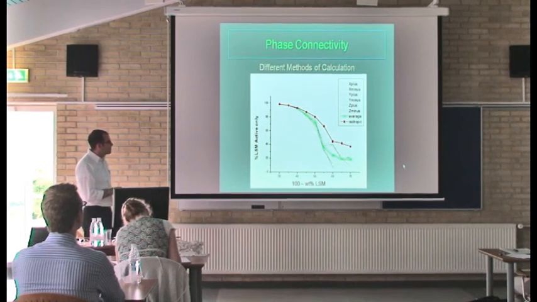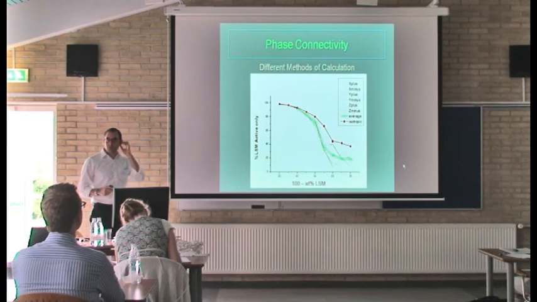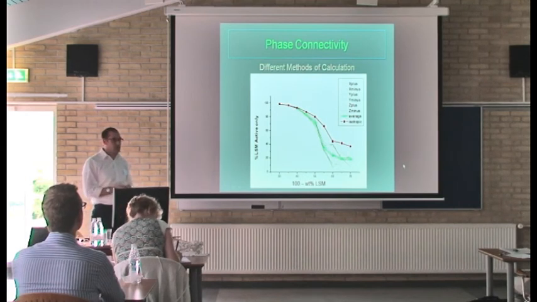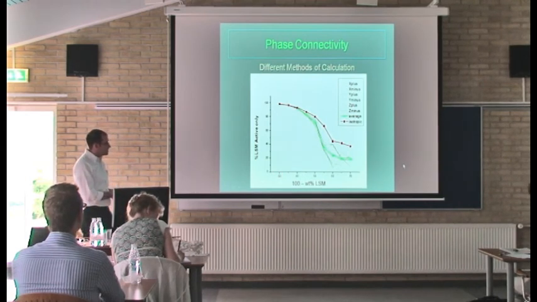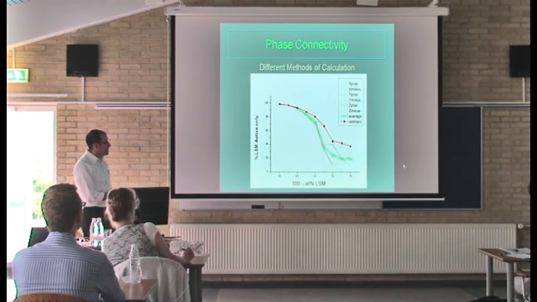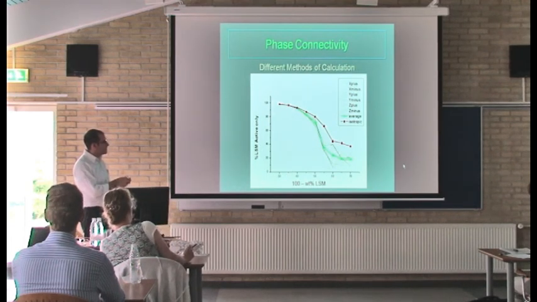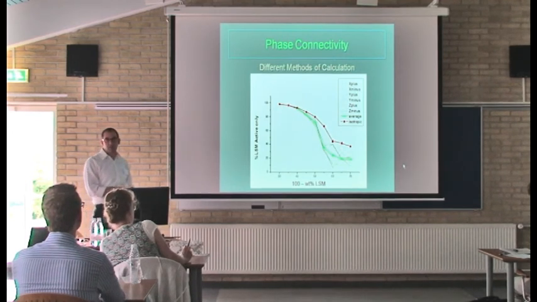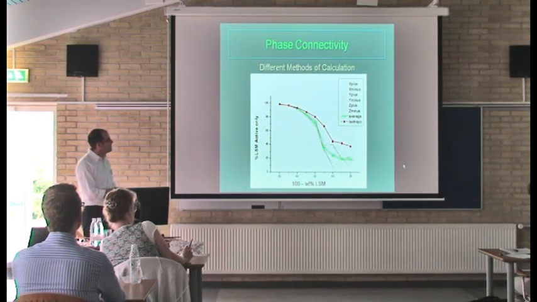This is a little convoluted, but it's a study we did with a series of cathodes with varying LSM-YSZ ratio. The YSZ weight percent is on the bottom, so it's just 100 minus the LSM. So this is 30% LSM, this is 70%, so you're reducing the LSM content, and you can see your active LSM volume percentage is reducing. But it depends on how you define this connectivity.